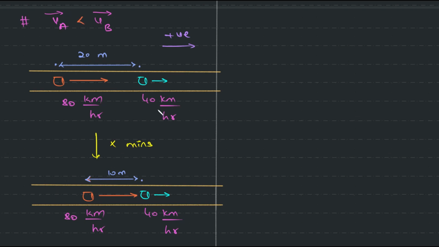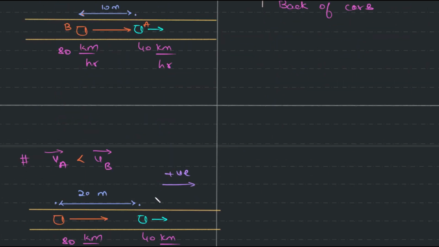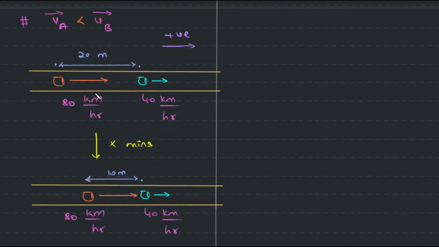I have not written which is A and which is B, my bad. So I need to mention that this is A and this is B, A with respect to B. Now this is much smaller. Say this is 8 and this is 40. Now the question is what will happen?